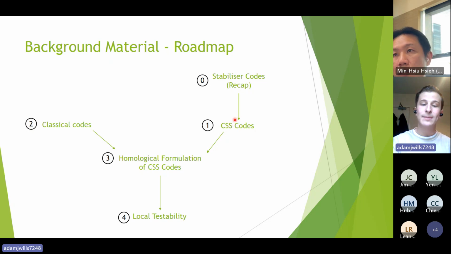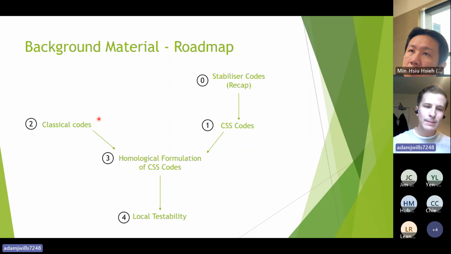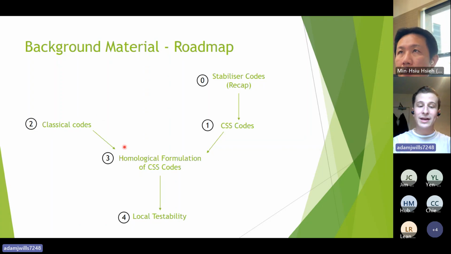From CSS codes, I'm going to display the homological description of CSS codes. But I can't do that without first taking a detour into classical coding theory, specifically linear classical codes and their parity check matrix formulation, which may be familiar to a lot of people. And then lastly, I'll be able to talk about local testability. So that's our background roadmap.